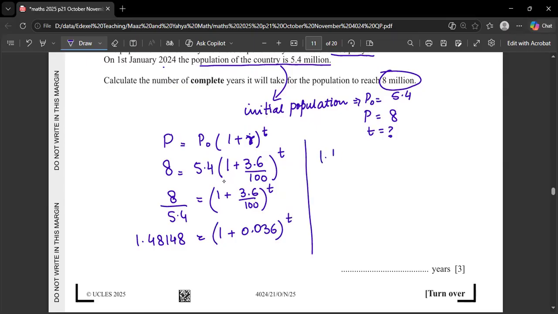Now I can add this number 1 with 0.036, so I'll get 1.036 to the power t. So what I have to do is write this number 1.48148 in this form, in this way, 1.036 to the power t. Clear?